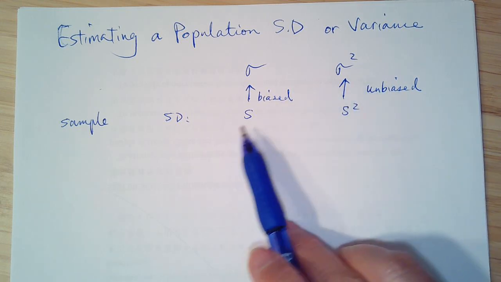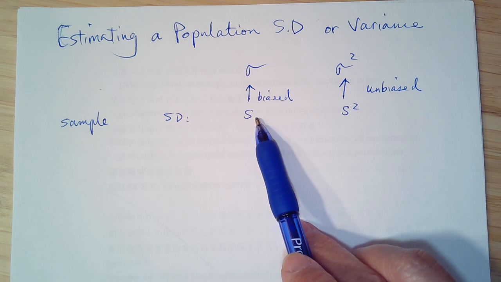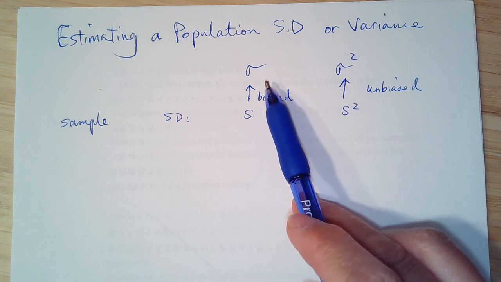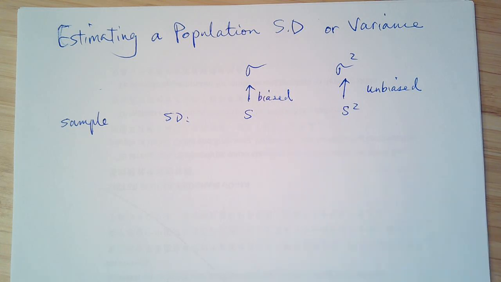And the sample standard deviation S is also the best point estimate of the population standard deviation, sigma, even though it is a biased estimate. Okay, this is for the point estimate. And then we need to get the confidence interval, right? It's the point estimate, confidence interval, sample size. Those are the three things we worry about the most.